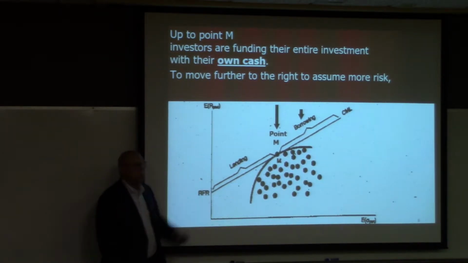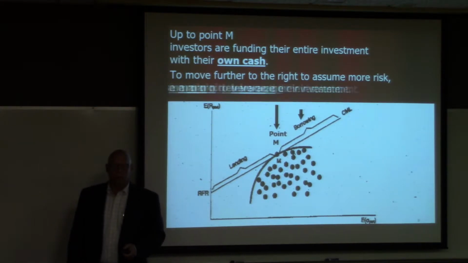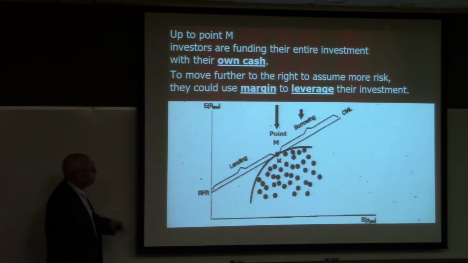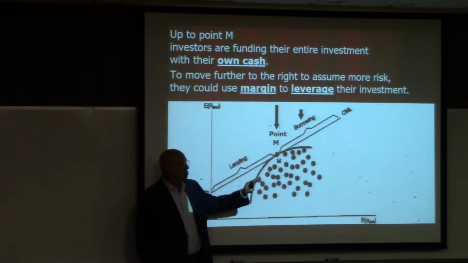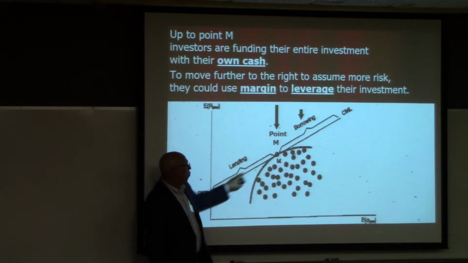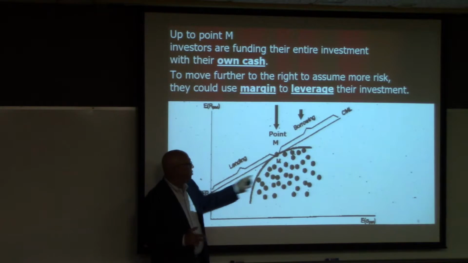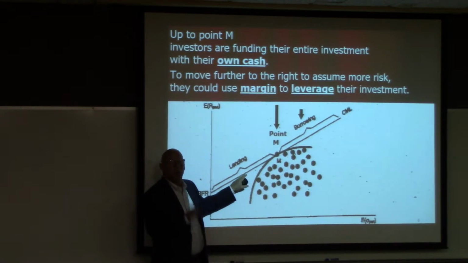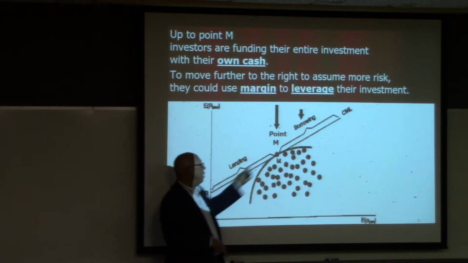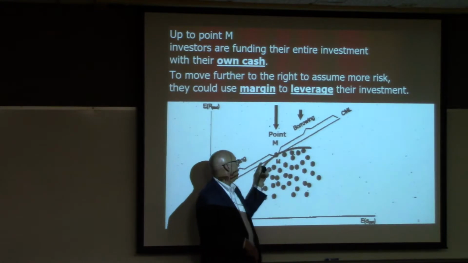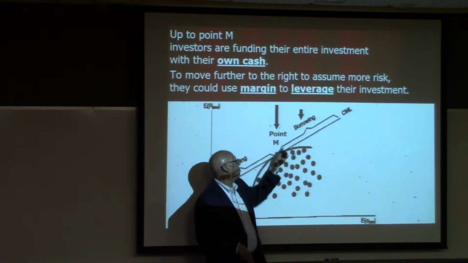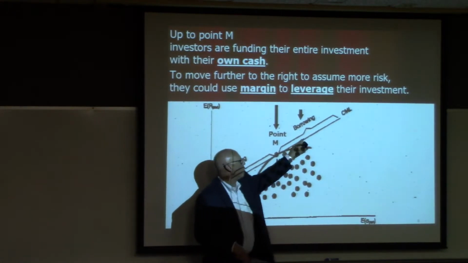In order to increase your return. Okay? So these are decisions that investors have to make. What are the efficient portfolios of risky assets? What combination of risky and risk-free? And where on this line, do you want to use your own assets to fund the portfolio, or do you want to borrow?